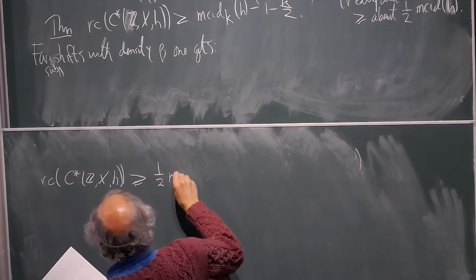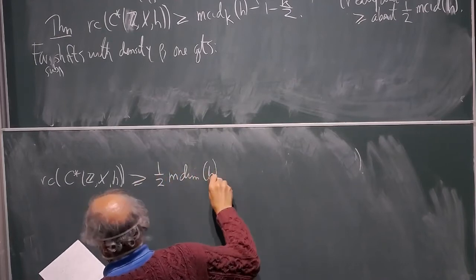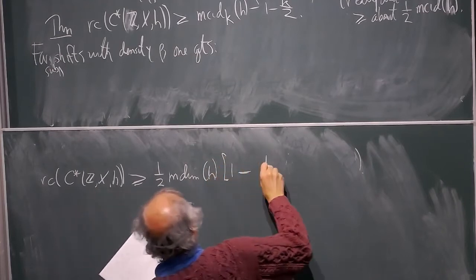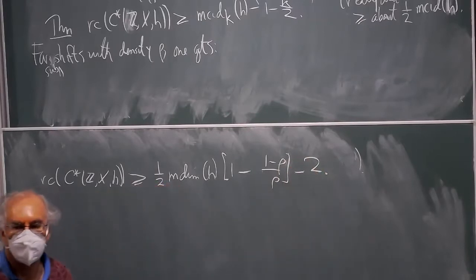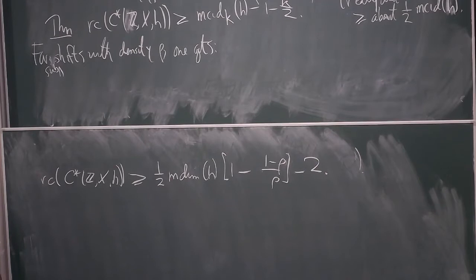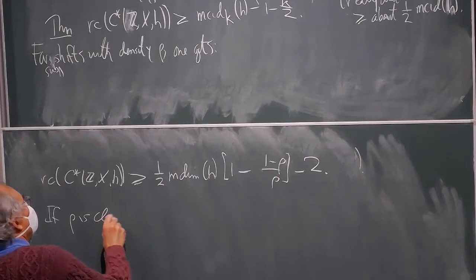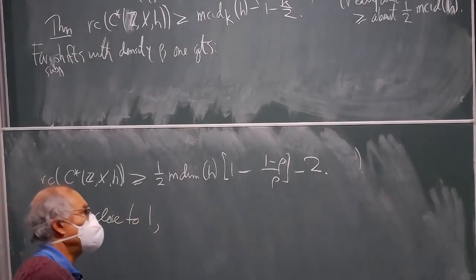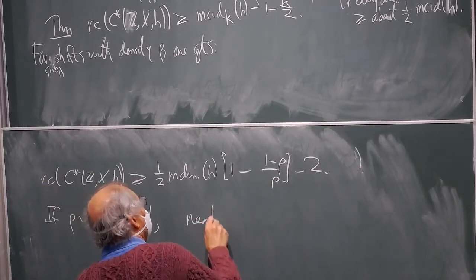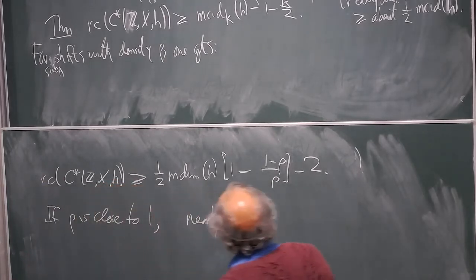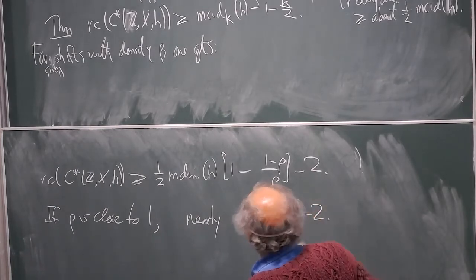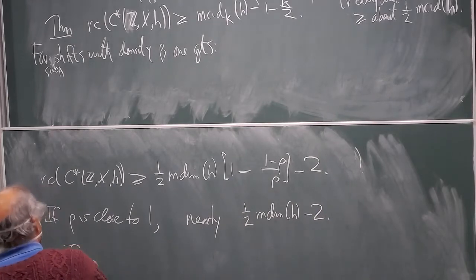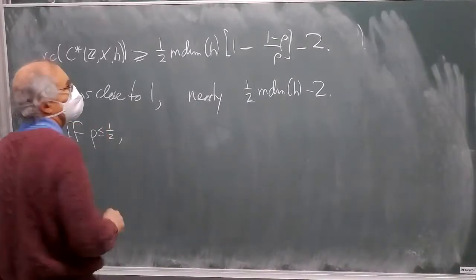Half mean dimension of H times 1 minus rho over rho minus 2. If rho is close to 1, this is nearly half of mean dimension of H minus 2. If rho is less than or equal to half, it's useless.